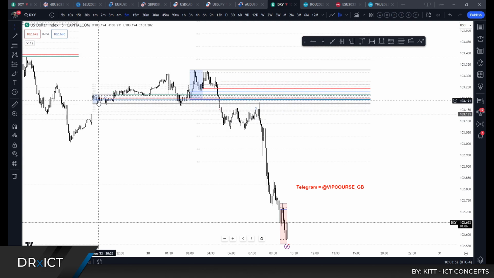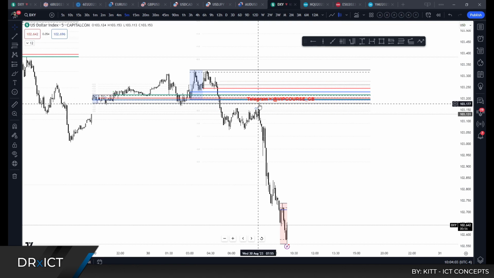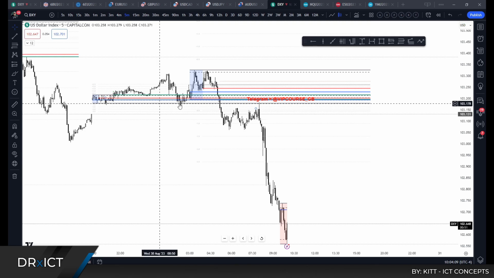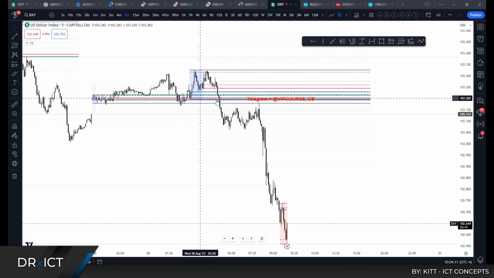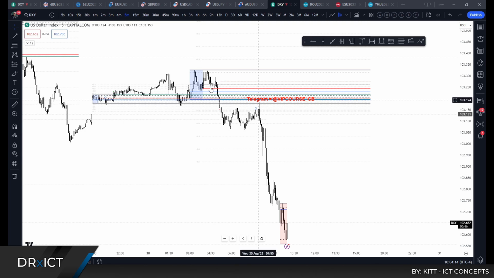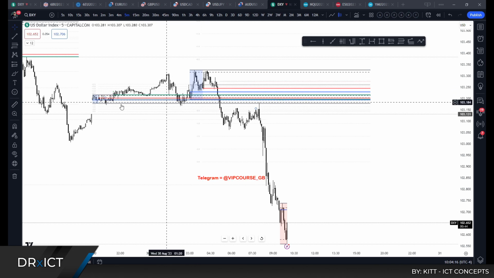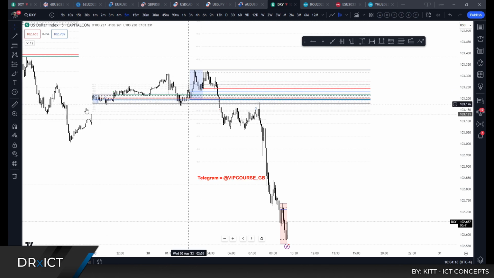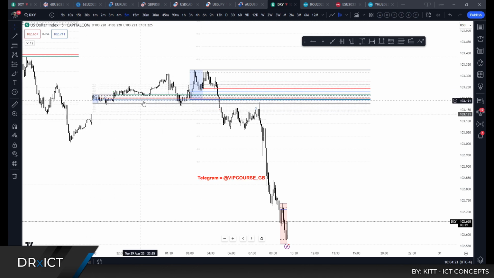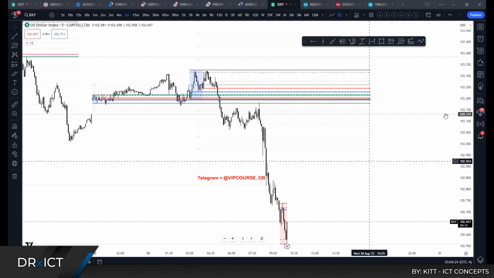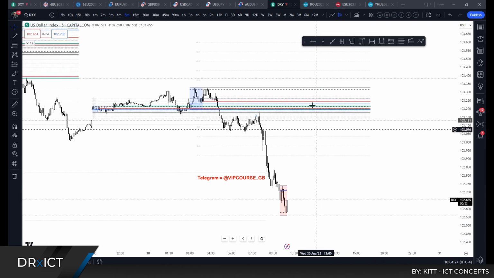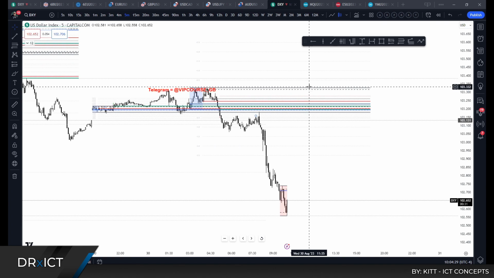I like utilizing and extending it forward because KM7 plays out quite beautifully when maybe you're not looking at the exact level from the specific session, but you include the imbalance as well as the DR as a specific level. So a few things I want to go over with you quickly.